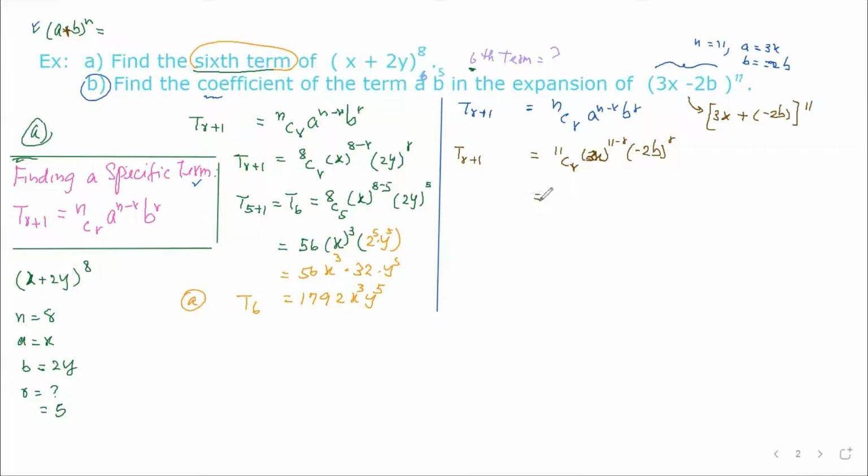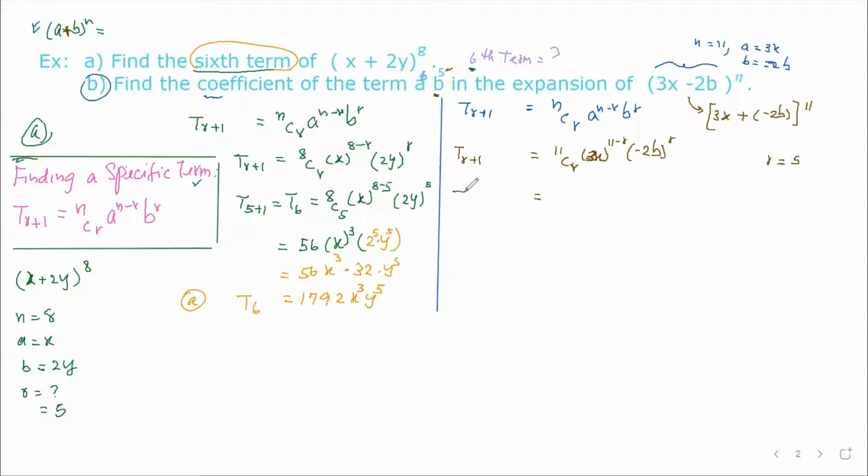Okay, so from this you observe that b is minus 2b here, power r, but the question says it wants us to find b power 5, you see that? So this b should be power 5, that means r has to be 5, correct? So from this case, we know r should be equal to 5.